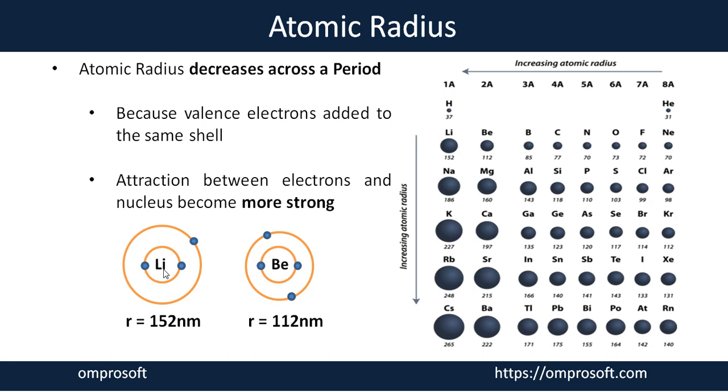Due to this, the atomic radius of lithium is bigger compared to beryllium. Here the lithium atomic radius is 152 nanometers, and because the attraction becomes strong, the atomic radius of beryllium shrinks a little bit compared to lithium, and now it becomes 112 nanometers.